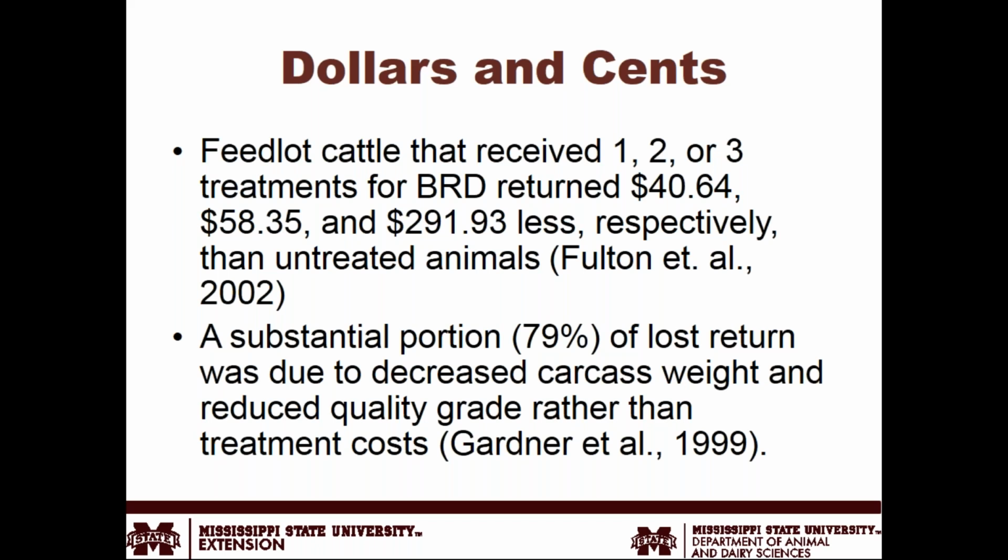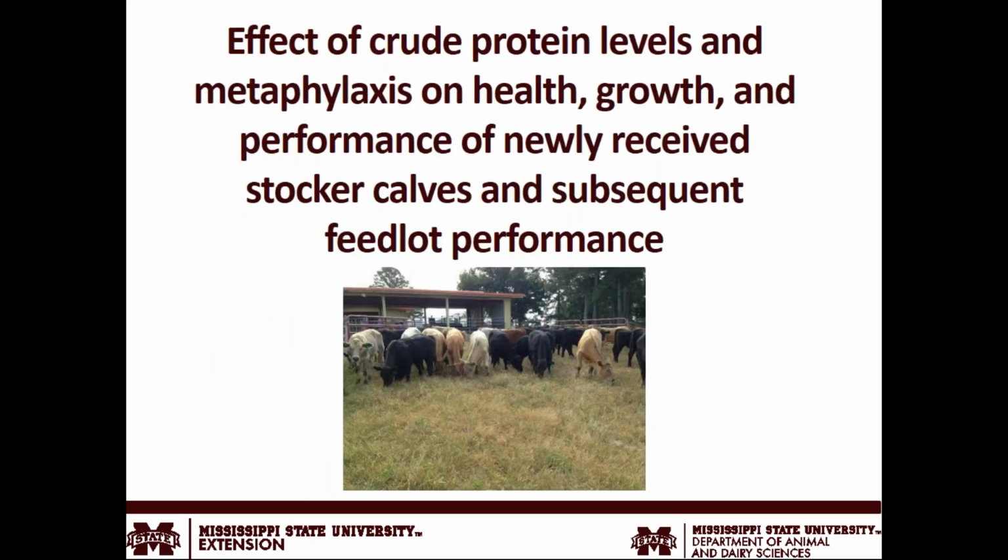Cattle that received treatment for BRD just 1 time returned $40 less than those calves that stayed healthy. 2 times we bumped that up to $58, and then we had a pretty big jump to those calves that were treated 3 times or more at $291, so almost $300 less in returns than non-treated animals. Almost 80% of that lost return in that study was due to decreased carcass weights and reduced quality grades rather than just treatment costs.